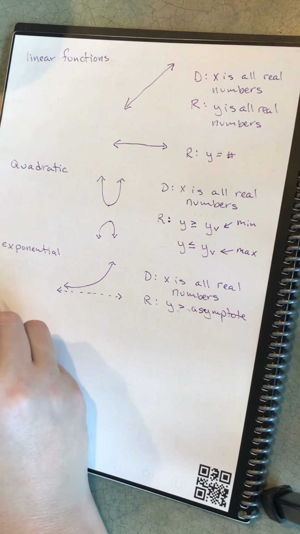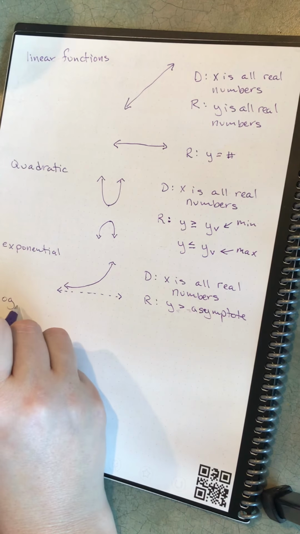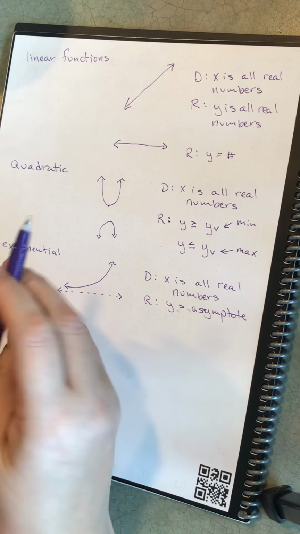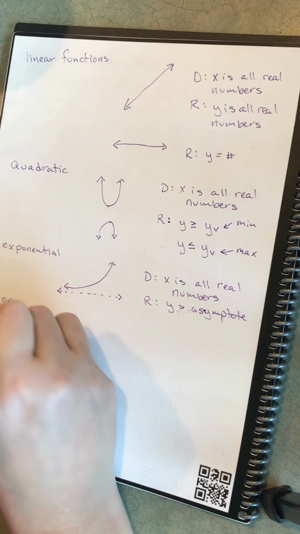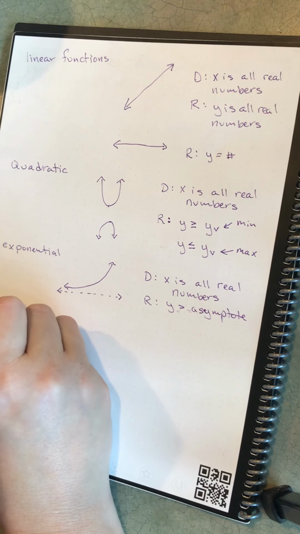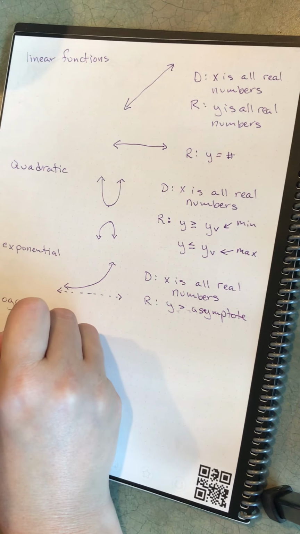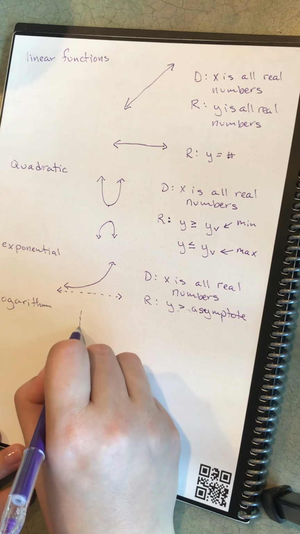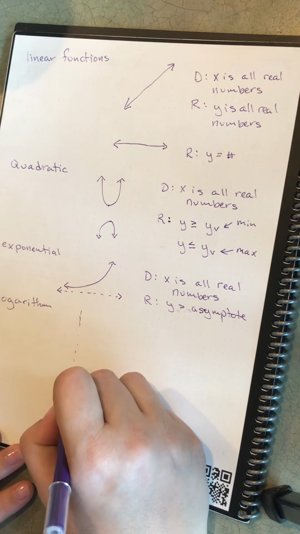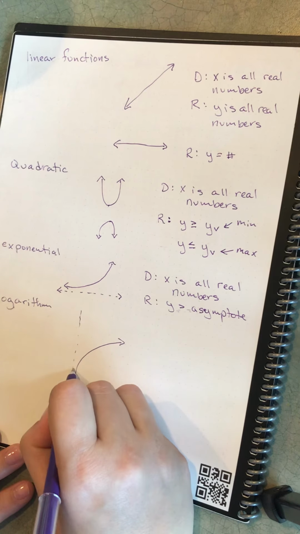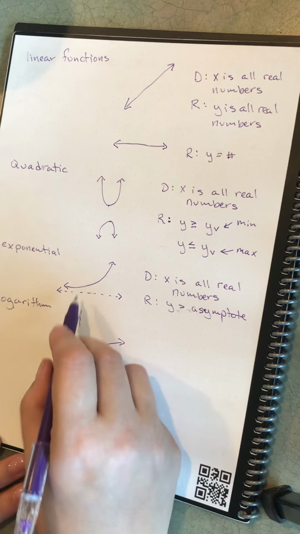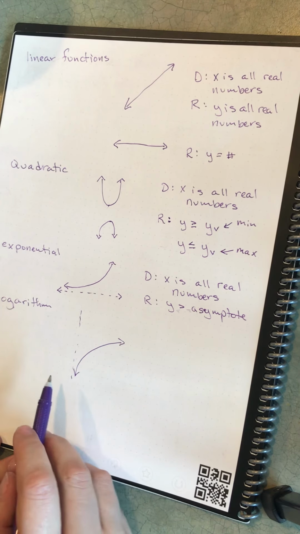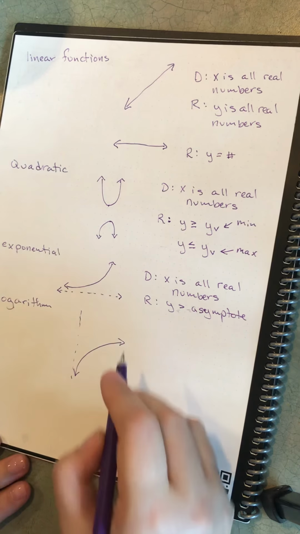And then logarithmic. These are the inverse. So here we have the asymptote as an x value, so it's going to restrict our movement left or right.